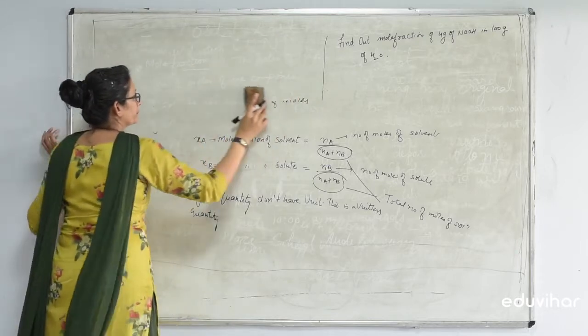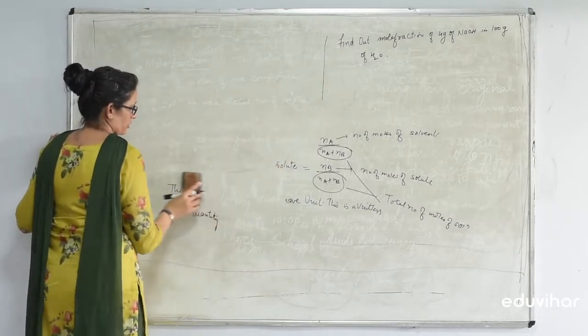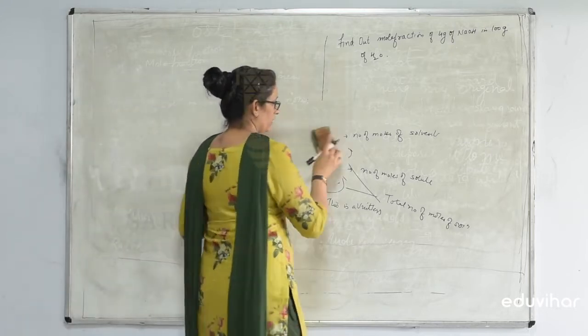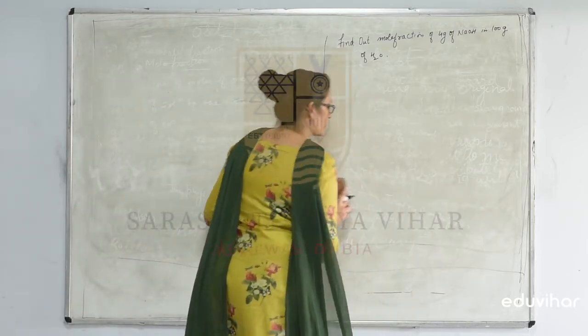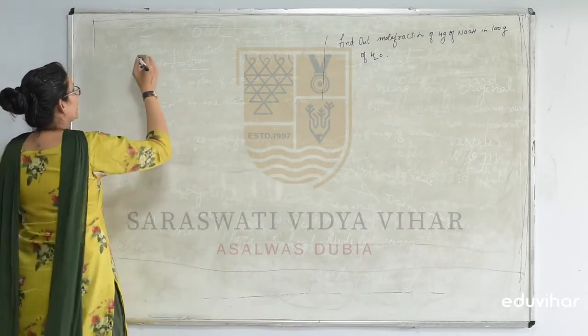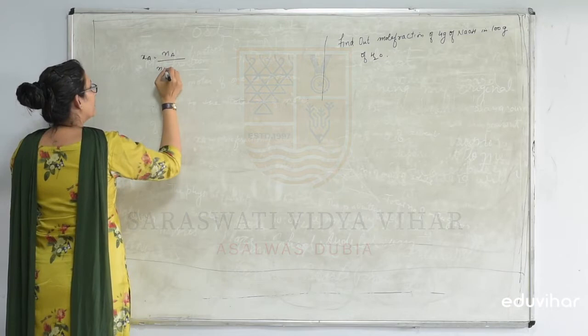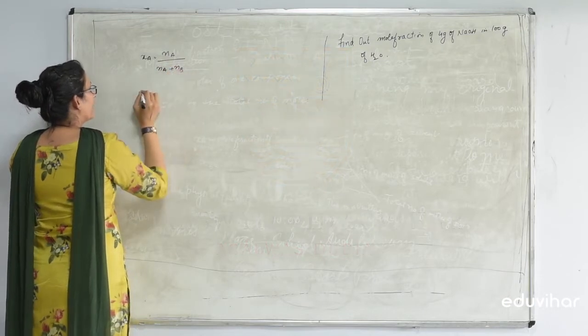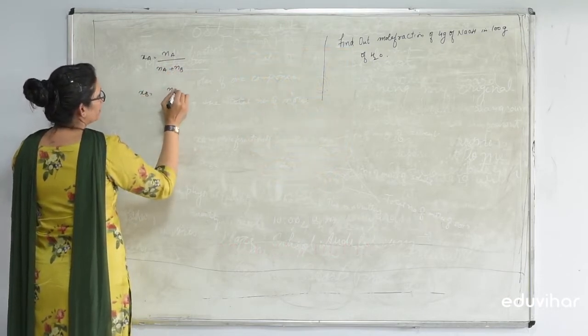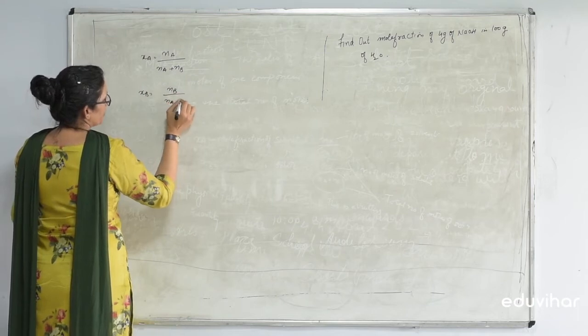As we know, to find the mole fraction of solute or solvent, we have the formulas XA is equal to Na upon Na plus Nb, and XB is equal to Nb upon Na plus Nb.